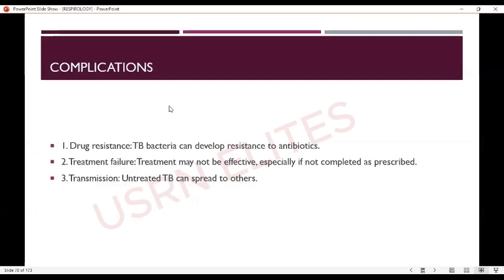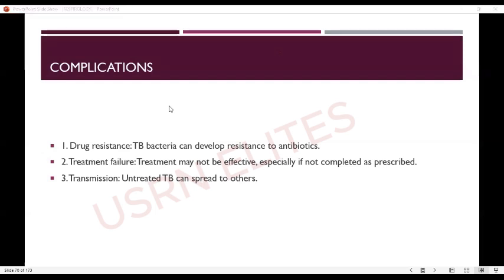So now the complications of TB. Drug resistance: TB bacteria can develop drug resistance to the antibiotic because you are taking it for long. Then treatment failure. Treatment may not be effective, especially if not completed as prescribed.